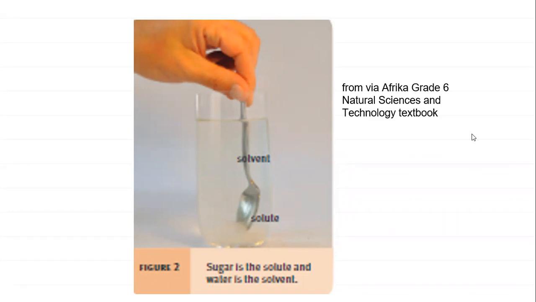So a solution always has a solute as well as a solvent. Talia says it is a substance that will not dissolve in water even if it's mixed. Beautiful, Talia. Yes, an insoluble substance will not dissolve in water, even if it is mixed. Thank you very much, Talia.